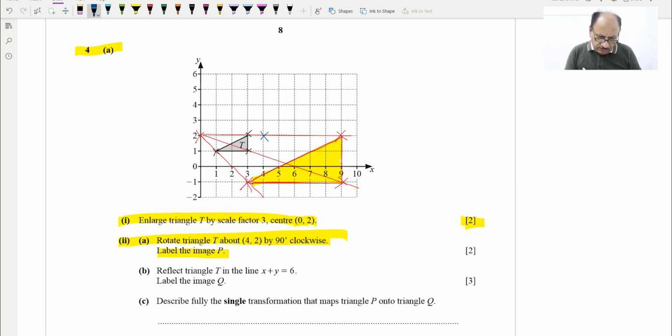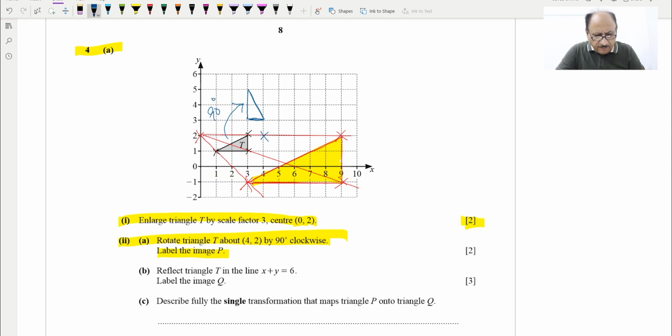Yes, it's (4, 2). So clockwise, it will be reaching over here. If you see, this will be the triangle when you rotate this 90 degrees clockwise.